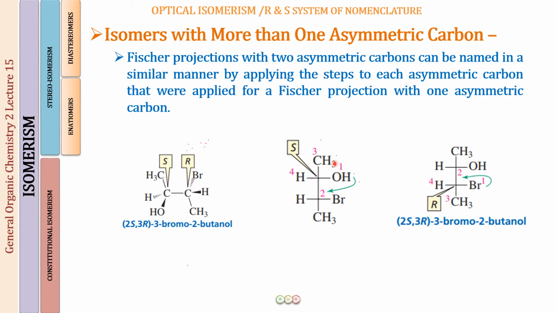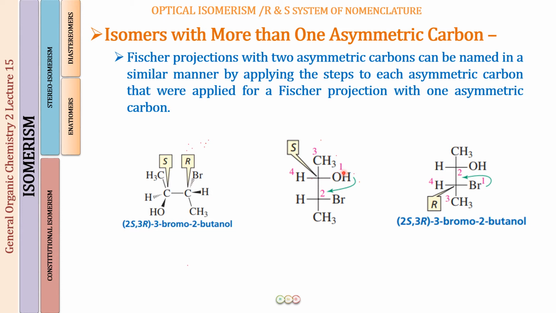But I will do that after completing all the topics related to optical isomerism, so that you have a complete understanding of the topic first. Then we will learn the rest of the 2 projections, the sawhorse and the Newman, and you can apply any of those 4 projections to the topic of optical isomerism.